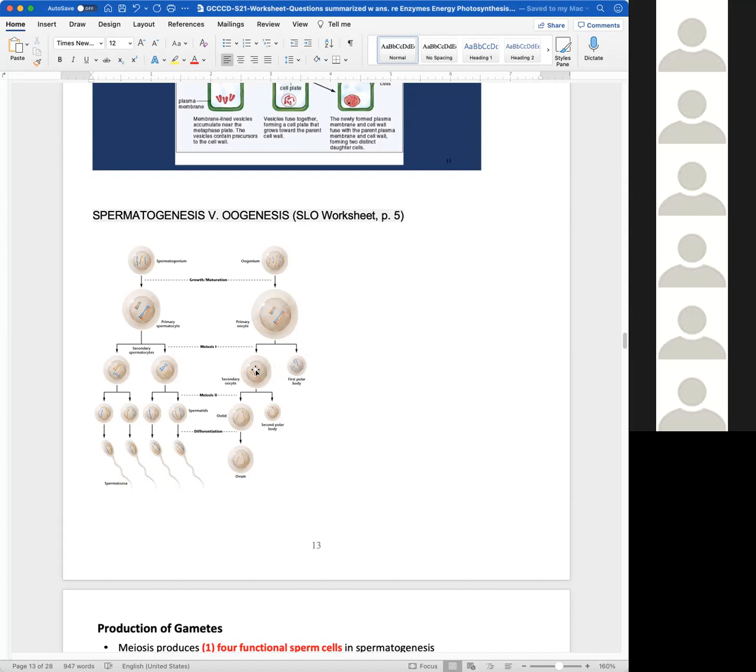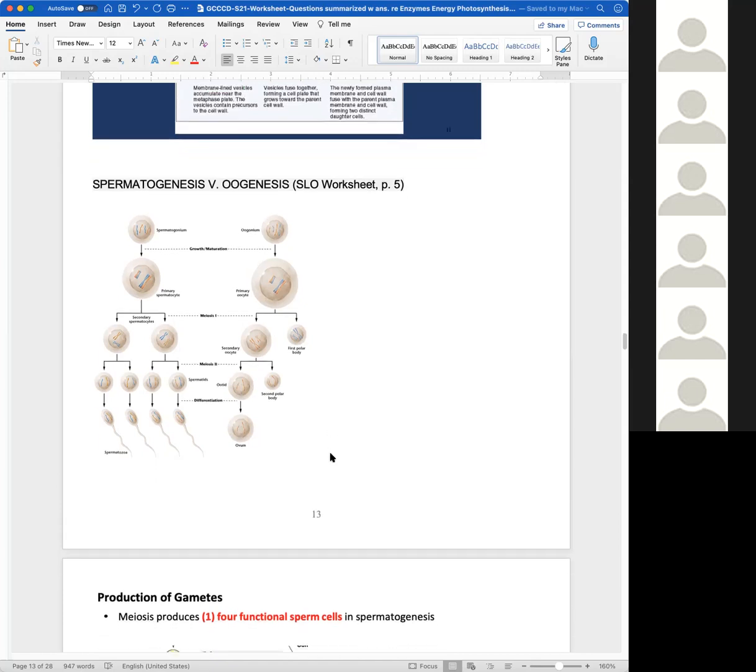Then the secondary oocyte goes through meiosis 2, and it generates what's called an ootid and another second polar body, which also dies. So in the end, there's only 1 living cell, 1 egg.